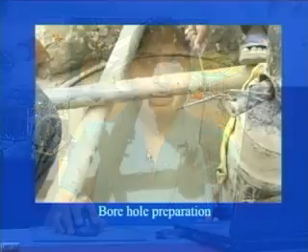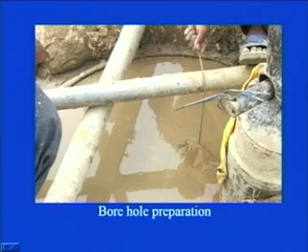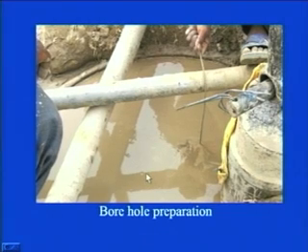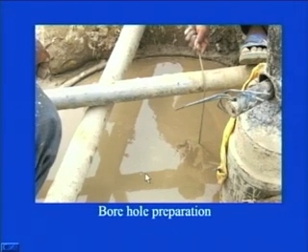Then you can take out the remaining slurry, and with the help of water you have to clean the hole, because if this bentonite slurry remains in the borehole while concreting, the concrete will be in contact with this bentonite, not with the soil which is really lying over there. That is not a desirable situation.